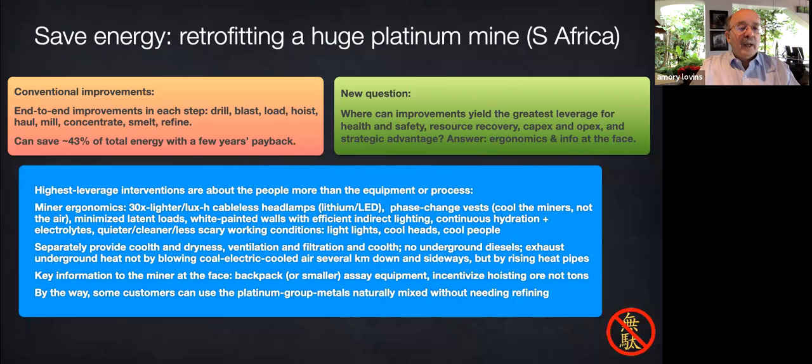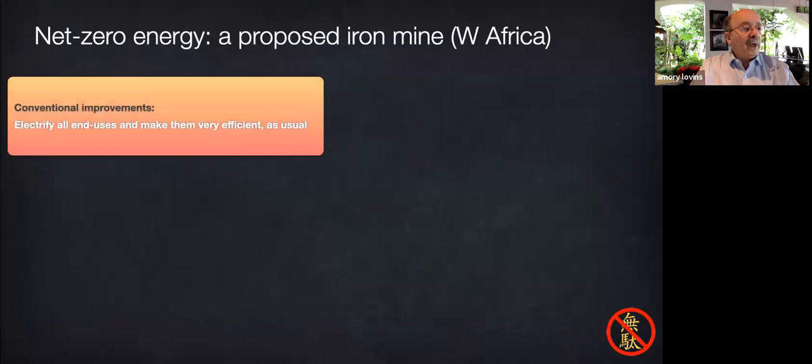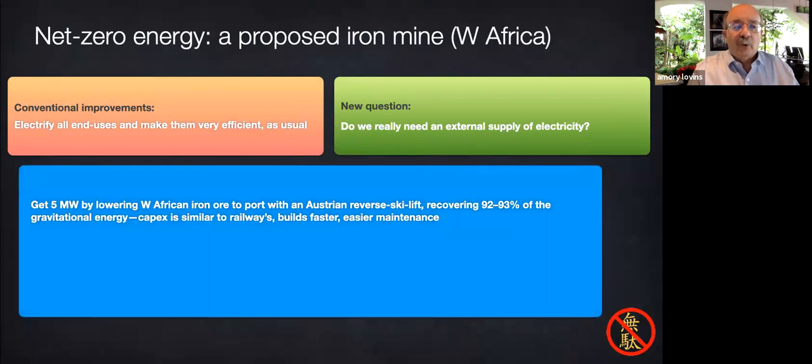Now, a second level of ambition would be to go net zero in a proposed West African iron mine. First, we would find enough megawatts to eliminate the normal need for grid power or an on-site power plant.